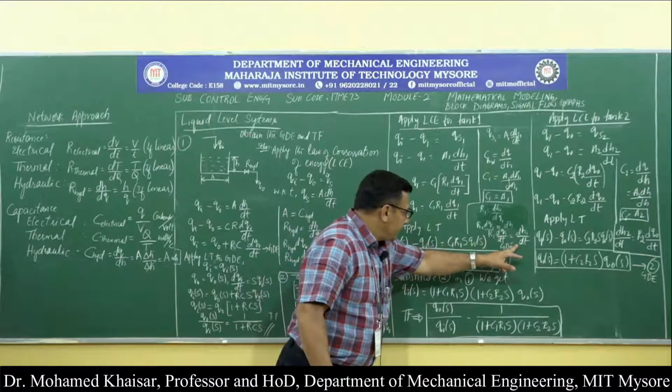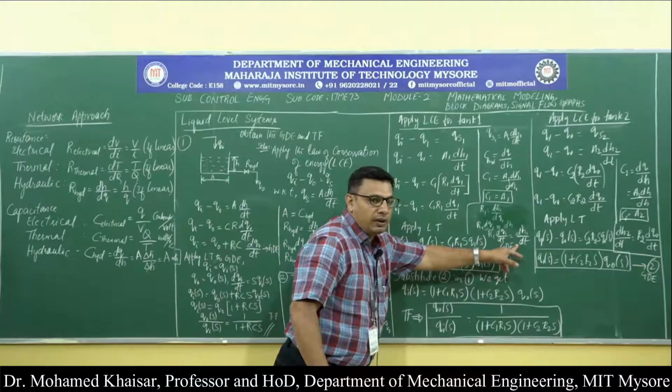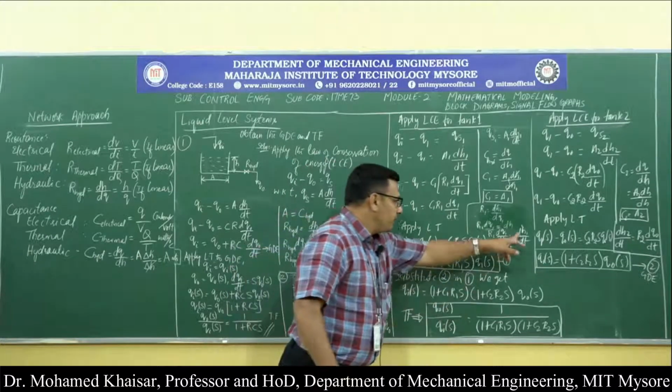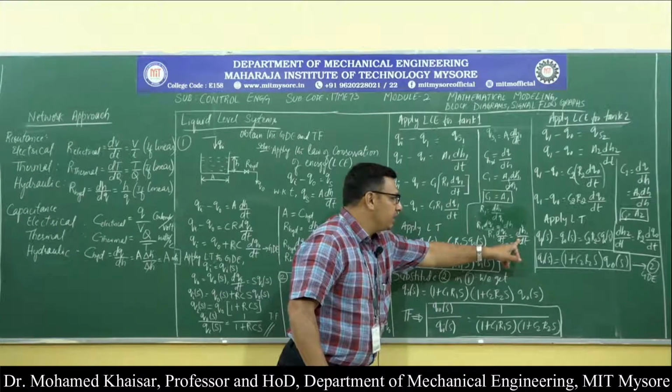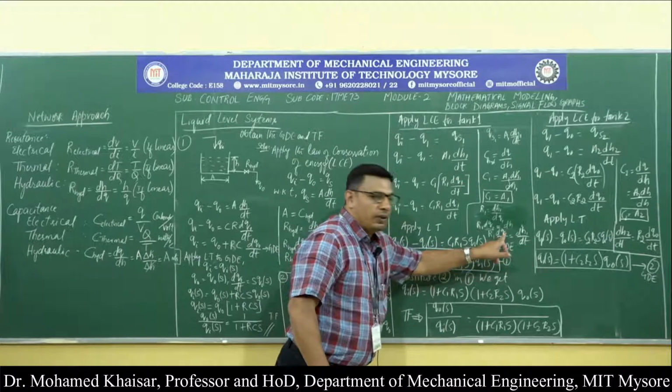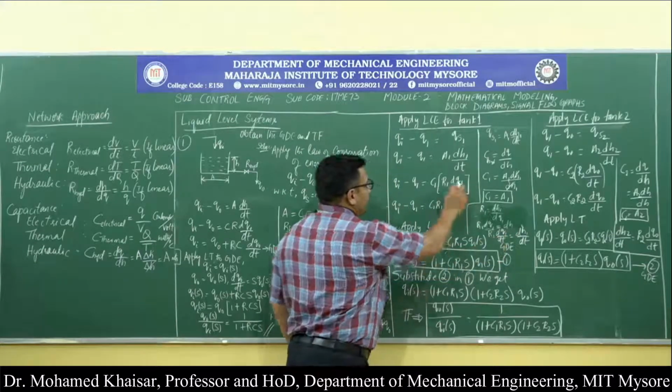So, with this network approach, we have been able to find an equivalent relationship for dH1 by dt in terms of Q1. This is what we have substituted over here.